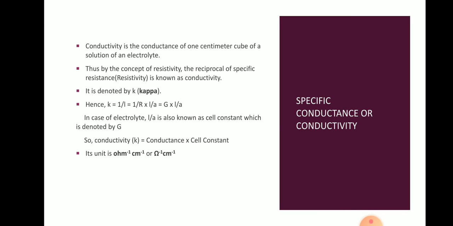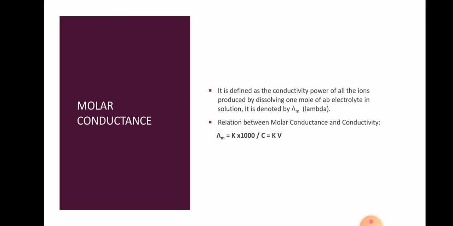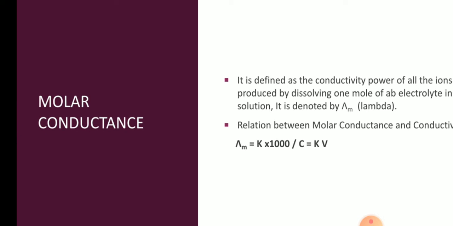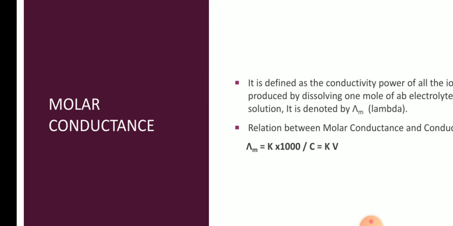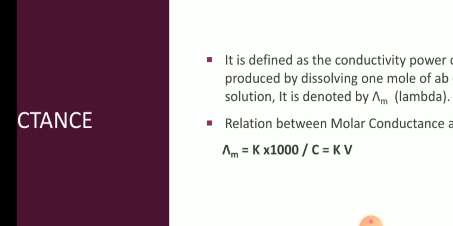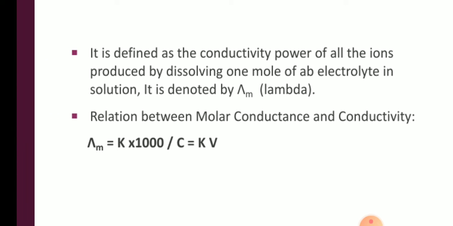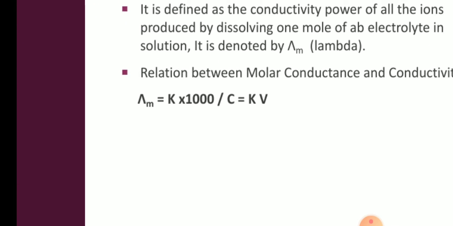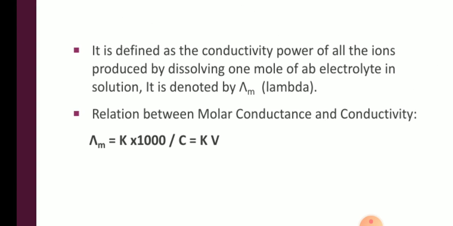Now after specific conductance or conductivity, there is another term, molar conductance. It is defined as the conducting power of all the ions produced by dissolving 1 mole of an electrolyte in solution.